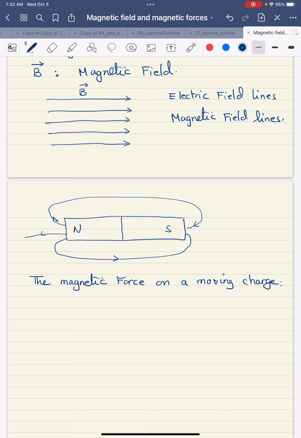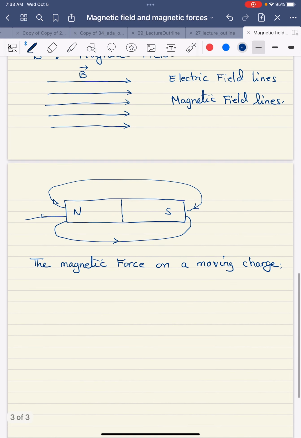And something here that I want you to know, that the force that we are going to have here can be calculated as F equals Q, which is the charge, V cross B. Now this is the force as a vector.